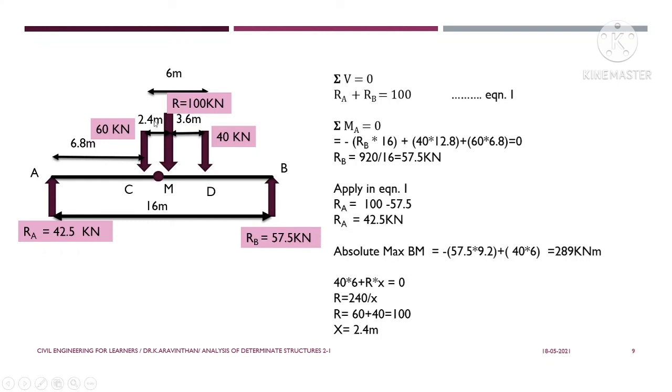Now after placing this, what will be the remaining distance? This will be 6.8. How? We know the midpoint will be at 8 meter, and the load should be placed at 1.2 meter distance, so from point C, M will be 1.2 meter. If I substitute 8 minus 1.2, you will get 6.8 meter from point A. So all the things we have identified.